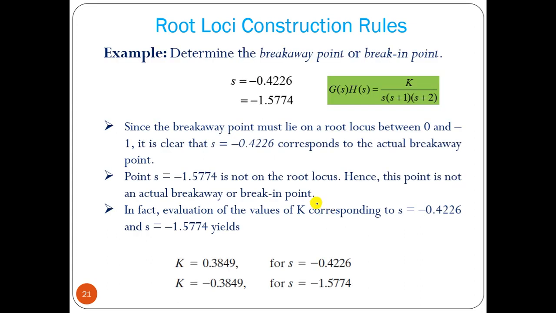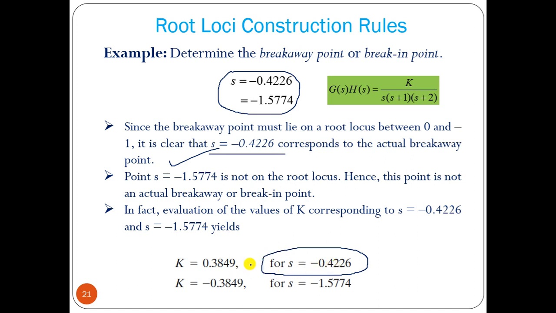In that k equation, we find out whether k is positive or not. What we find is that this point is a valid breakaway point. If we put s equal to minus 0.4, the k value is positive; put s equal to minus 1.5, it is negative.